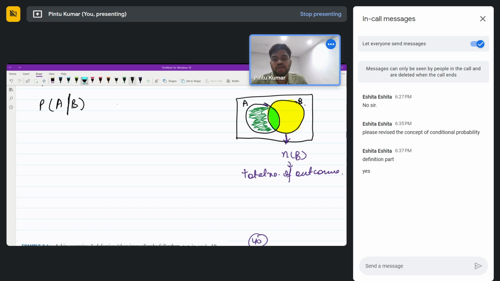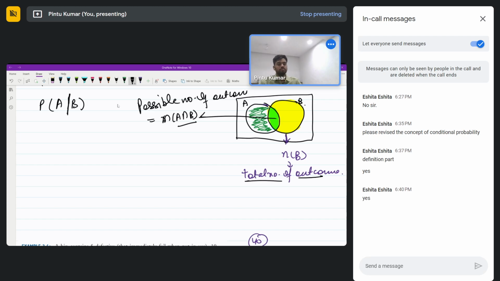So your possible number of outcomes is the number of elements in A intersection B. Is this much clear? When you talk about P of A given B, the possible number of outcomes is the number of elements in A intersection B, and the total number of outcomes is the number of elements in B.